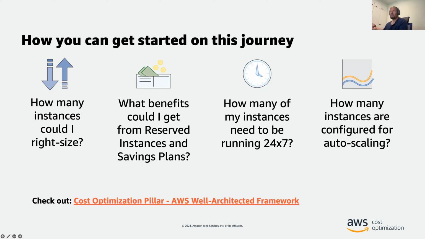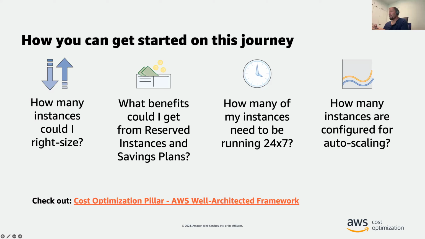Most of the clients that I work with, their development environments don't need to be running except from 9 to 5 on weekdays while they're working. And there's automation built to shut down those instances during weekends and nighttime, because nobody is going to use them. So that's one really good way of optimizing costs.